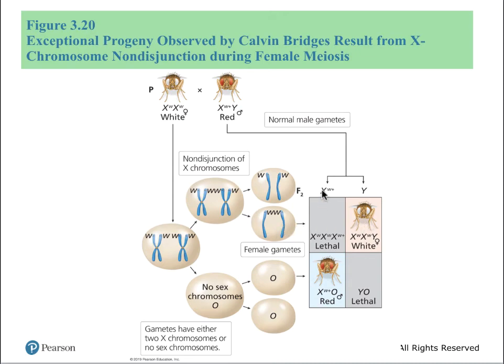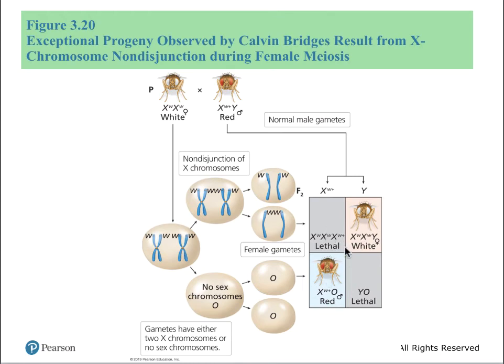So in this case, we have 3 X chromosomes present in the zygote, and that is lethal. And when we only have the Y chromosome coming down from the father and no chromosomes coming from these eggs, that's also lethal. So these 2 boxes will not produce any offspring.